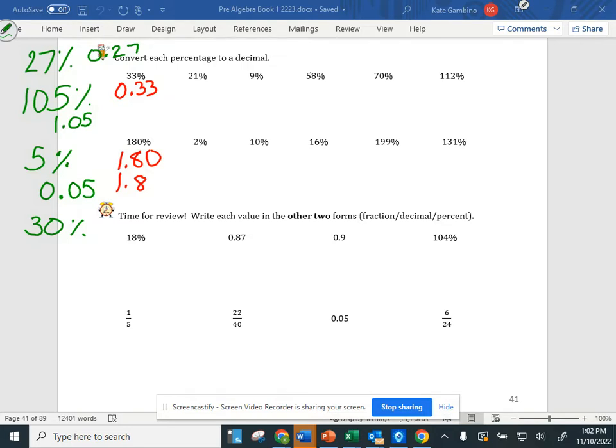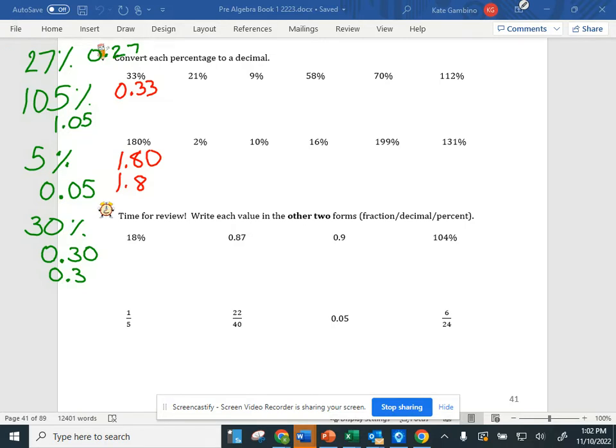All right, so again, good job this time listening to me and putting that 0 in the ones place. 30% is 30/100, so some people wrote 30/100. Some people said, hey, you know what, 30/100 is the same thing as 3/10. Miss Gambino said either way is fine because it's the same value. So if you put 30/100, if you put 3/10, either way you are correct.